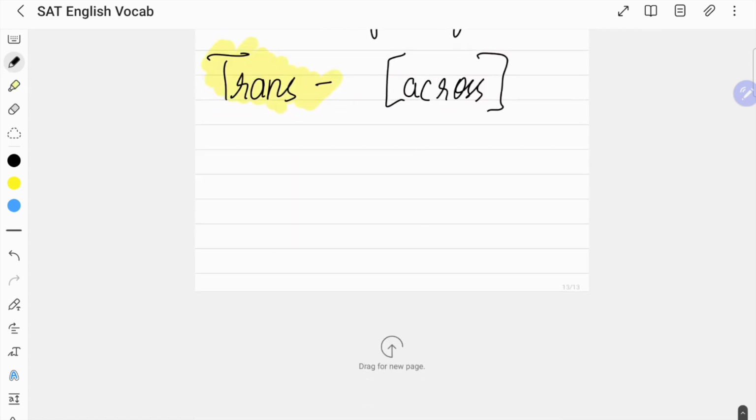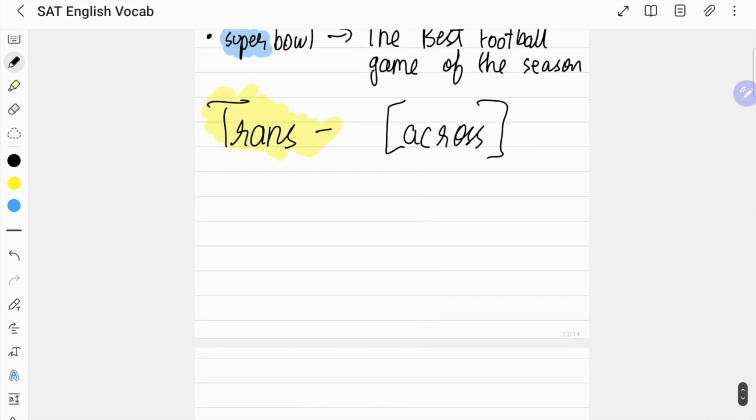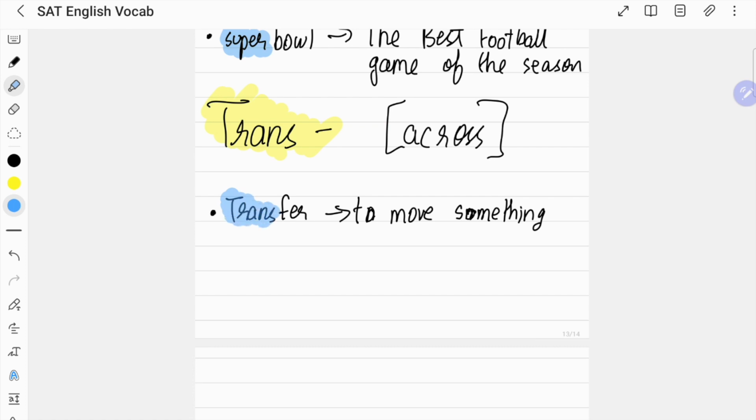Now, mostly when we use the word trans, it's pretty self-explanatory. For example, transfer, which means to move something. Here, trans being the root word.